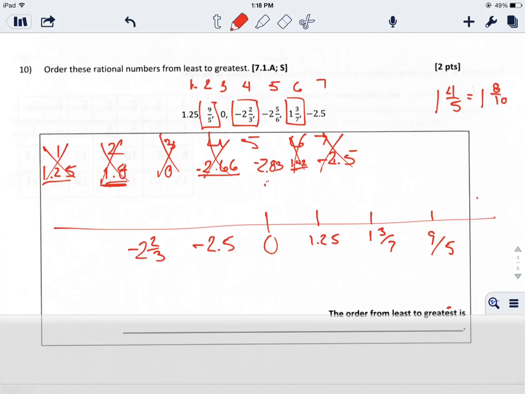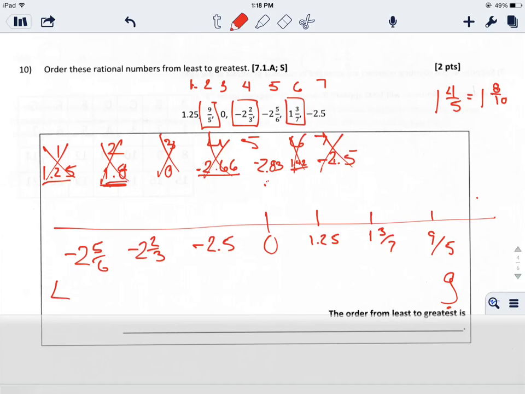And 5 was originally written as -2 and 5/6. So that's the order they go in from least to greatest. Remember, the secret was change them all to decimals, and then they're easy to put in order. Remember to write your answer, though, in their original fraction form.